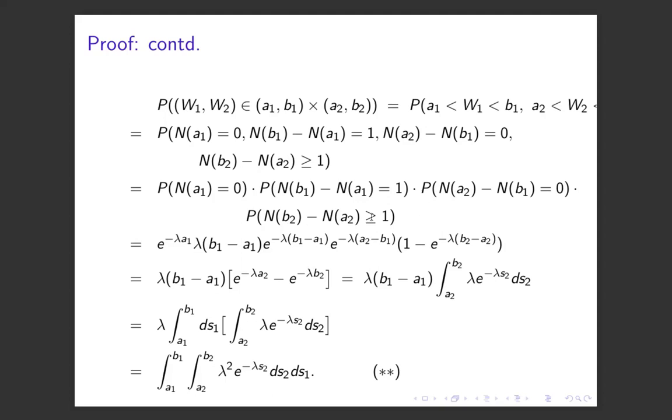So that is the same thing as 1 minus the probability that this equals 0. And that probability is precisely 1 minus e to the power minus lambda times (B2 minus A2). So convince yourself by looking at that theorem and the statement, and what this Poisson distribution means at the points 0, 1, and things like that.